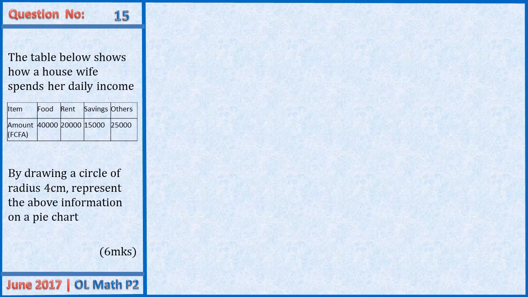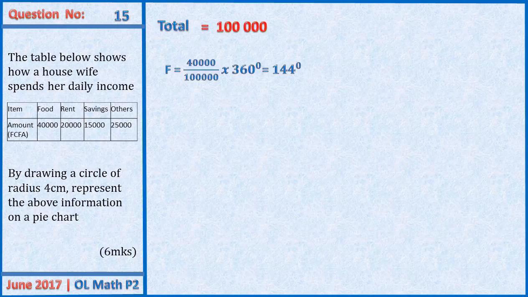Question 15. The table below shows how a housewife spends her daily income on food, rent, savings, and others. Draw a circle of radius 4 centimeters and represent the above information on a pie chart. So a pie chart is actually a representation in which an angle represents a particular section.